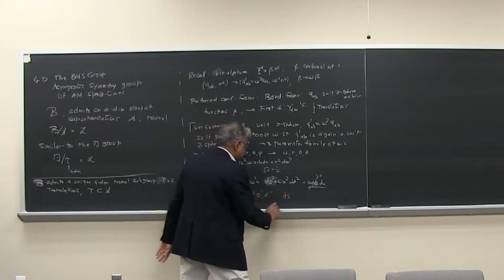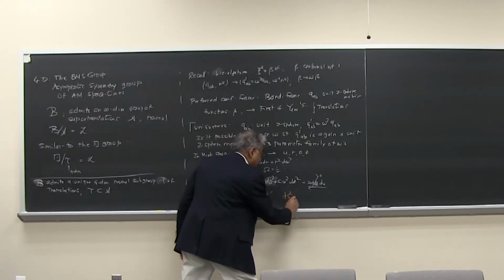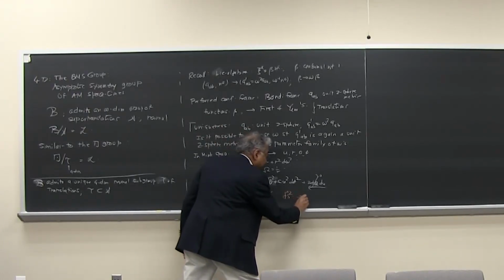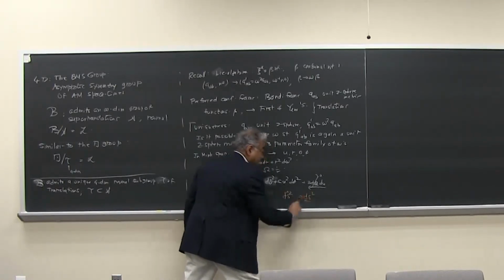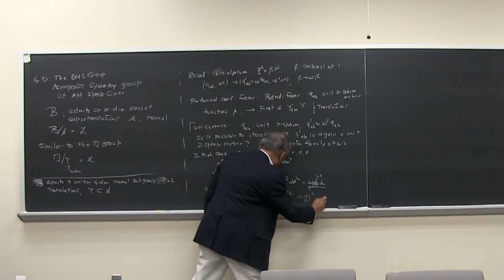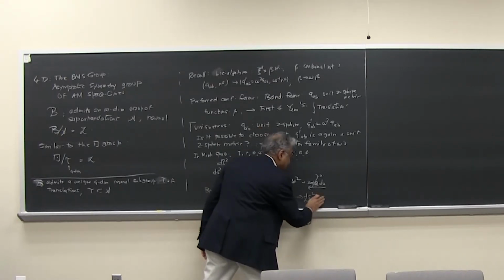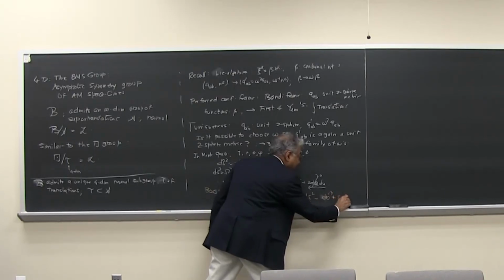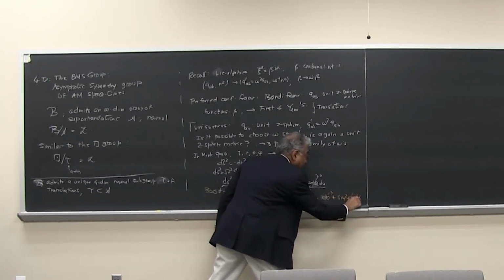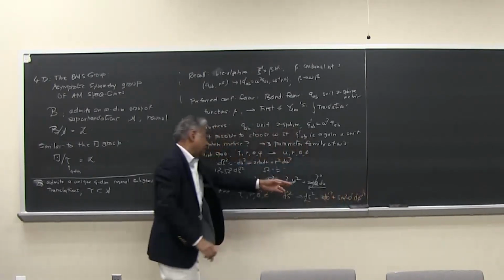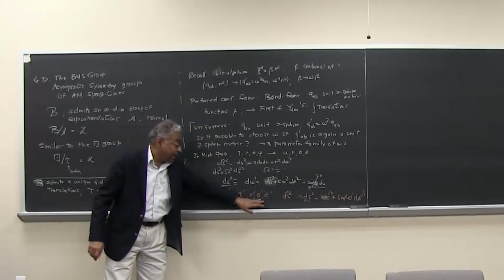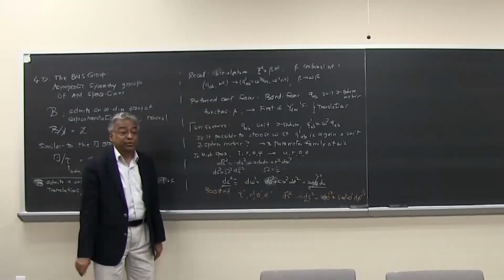I complete it, pull it back to Scri, and again it looks like d theta prime squared plus sine squared theta prime d phi prime squared.